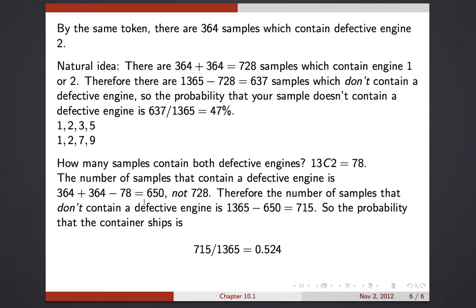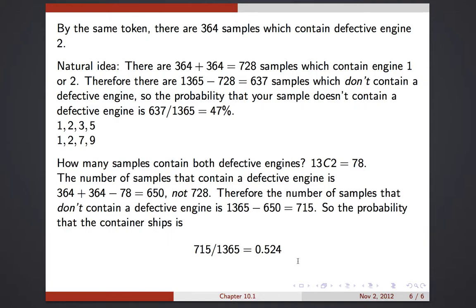Therefore, the number of samples that don't contain engine 1 or engine 2 is whatever's left over. 1365 minus 650, which is 715. So there are 715 samples of size 4 that do not contain a defective engine. And the probability, therefore, that the container ships is 715 divided by 1365, which is about 50%, so 52.4%.